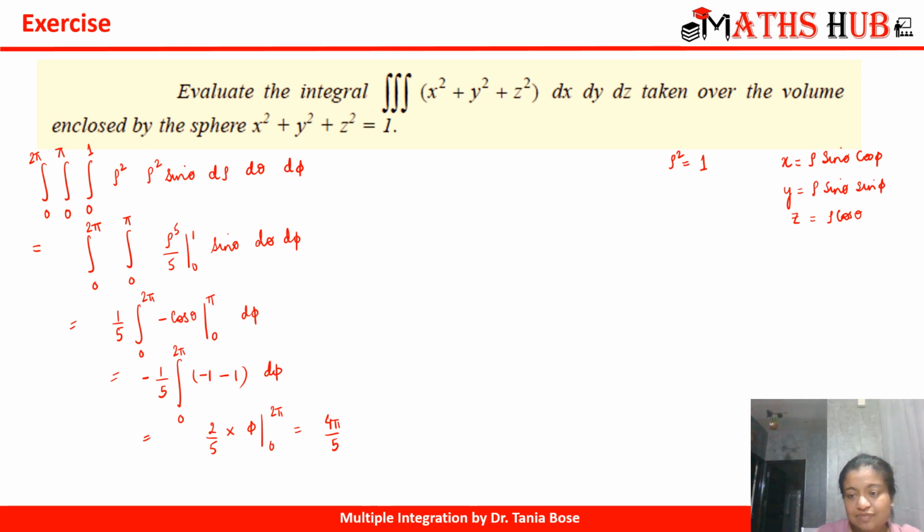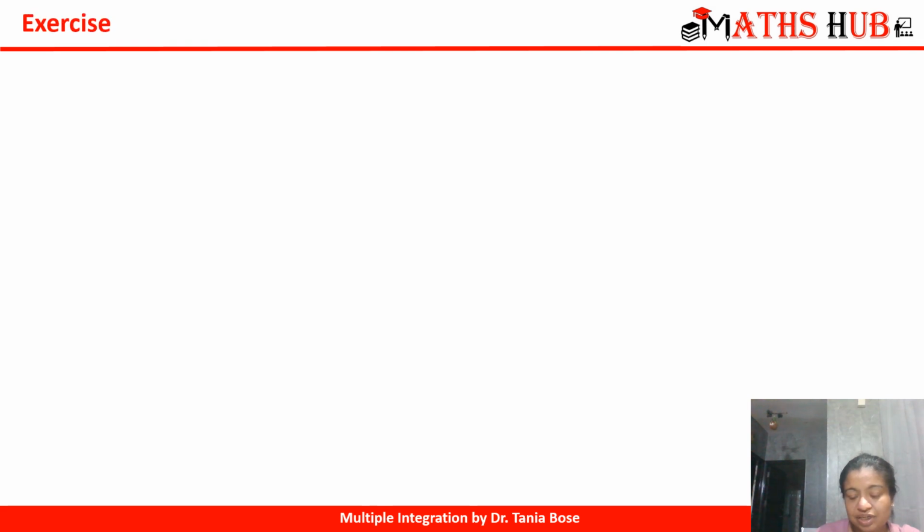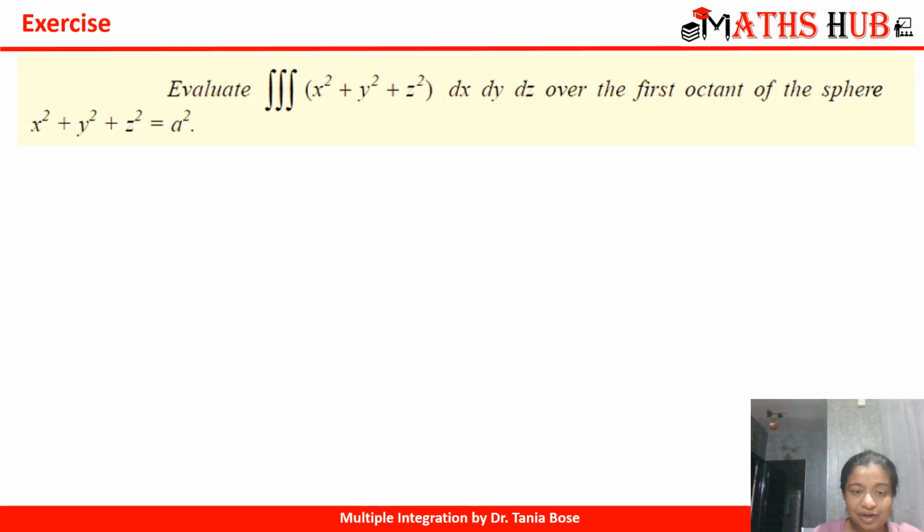So now let us move to another question on changing Cartesian to spherical polar coordinates. Evaluate the integral x square plus y square plus z square dx dy dz over the first octant of the sphere x square plus y square plus z square is equal to a square.